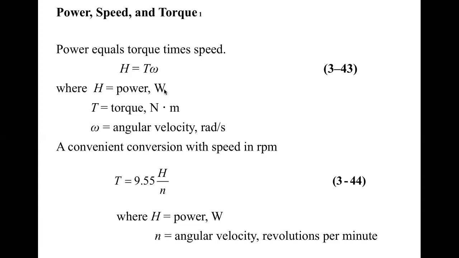So this is in terms of watts, Newton meter, and angular velocity in rad per second. You may use different units. For example, here, T equals 9.55 H over N. H is power in watts, and N is RPM, revolutions per minute. Just keep in mind, if you use different units, the equation is different.